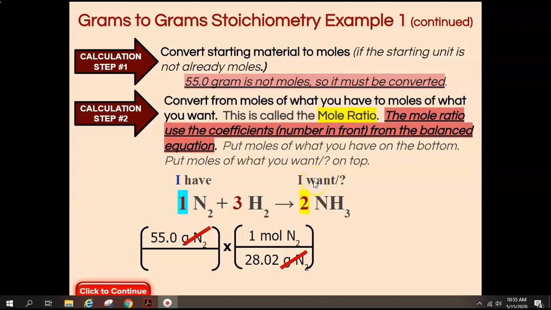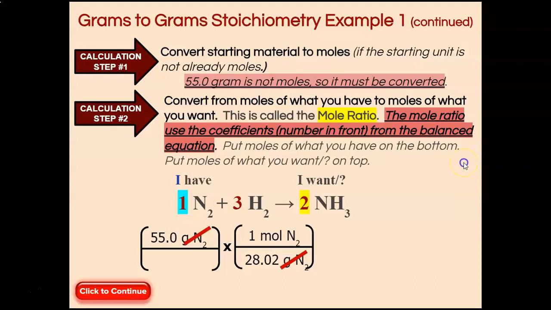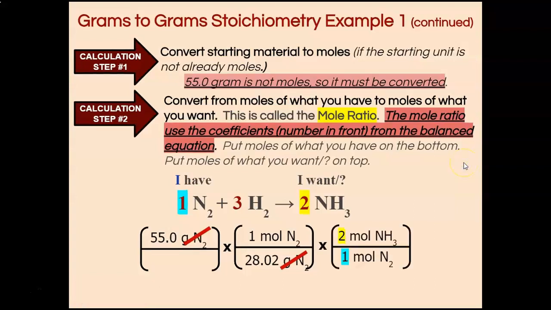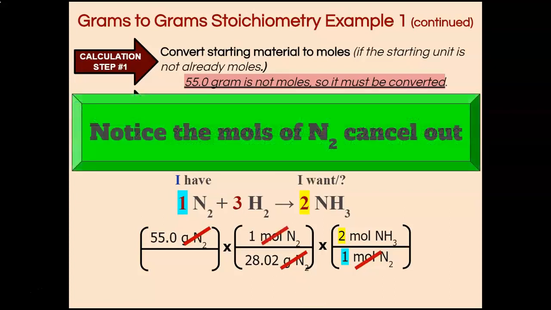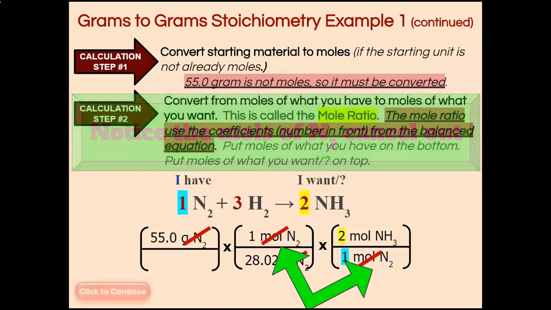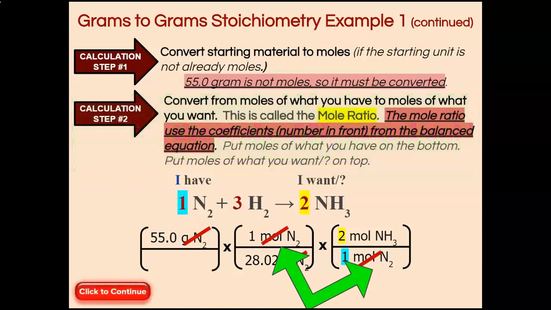So my next step is to use the mole-mole ratio to convert from the nitrogen in the equation to the ammonia in the equation. Looks like this, I hope. There it is. So my moles of nitrogen cancel, and the moles of ammonia are on top. This is my mole-mole ratio.